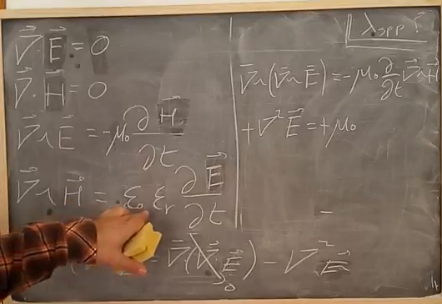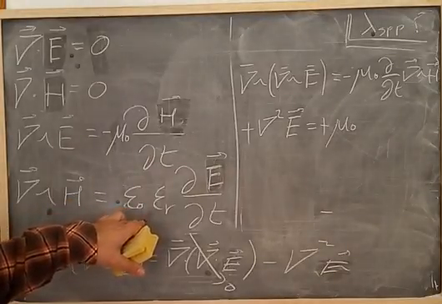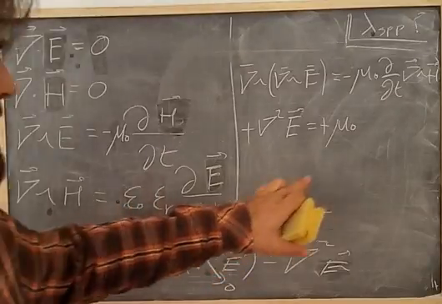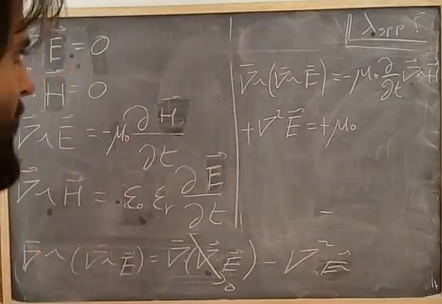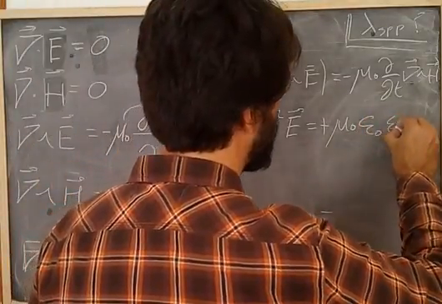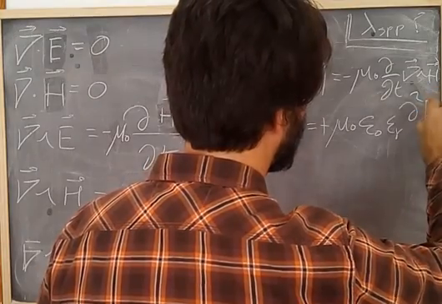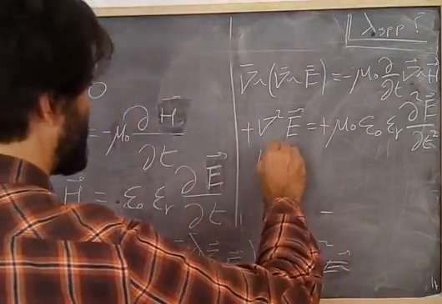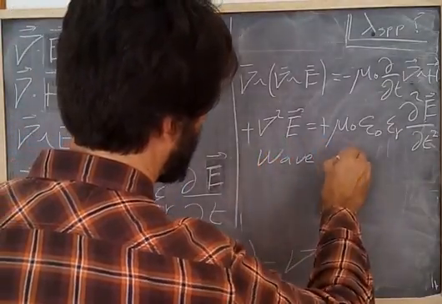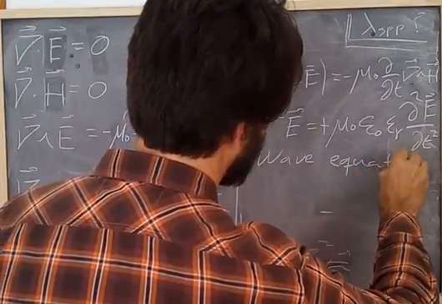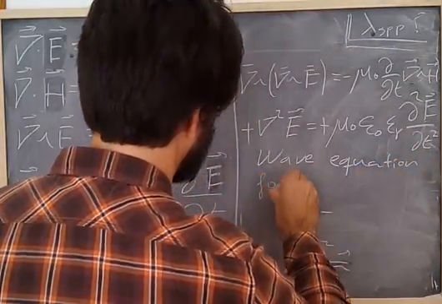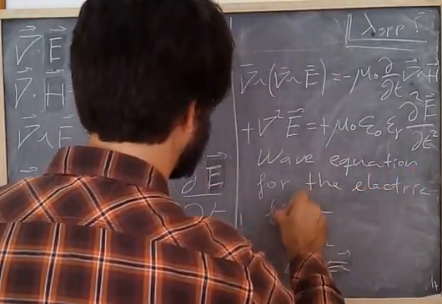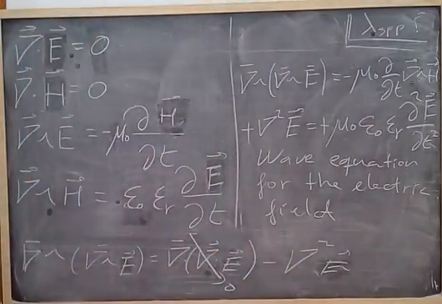So if we introduce this right hand side inside of this one, we have epsilon 0 epsilon r, second derivative of the electric field with relation to time. This is the wave equation for the electric field, right? This equation.